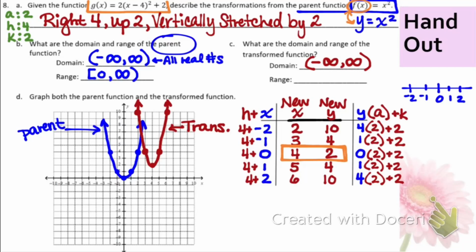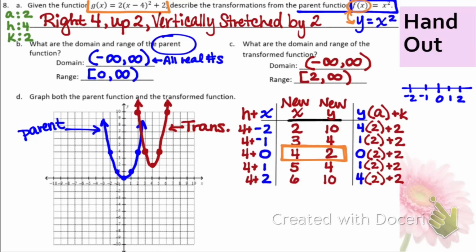And when I say minimum, I mean the y part of that ordered pair. What is my minimum value? 2. I want the y part of this point right here. That's the lowest it goes. So 2. What's the maximum of this graph? Infinity, because we got arrows on the end. It goes on forever.